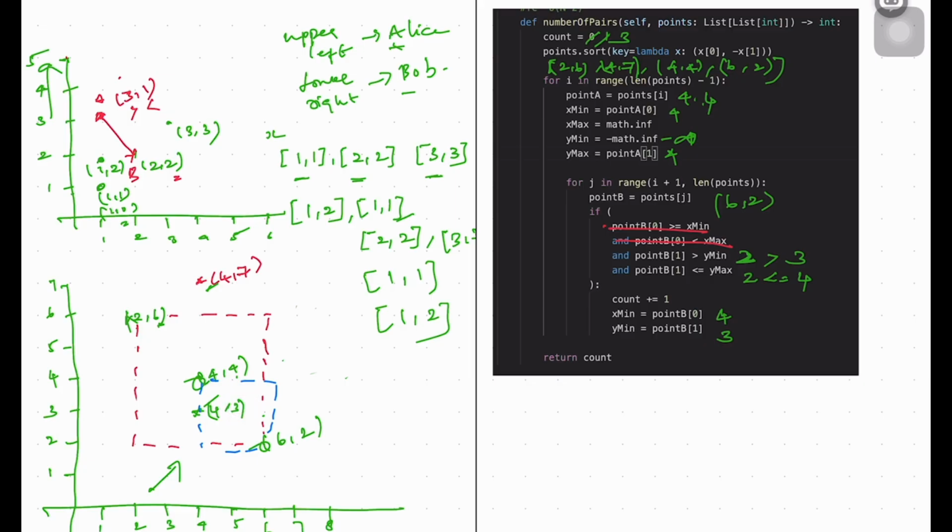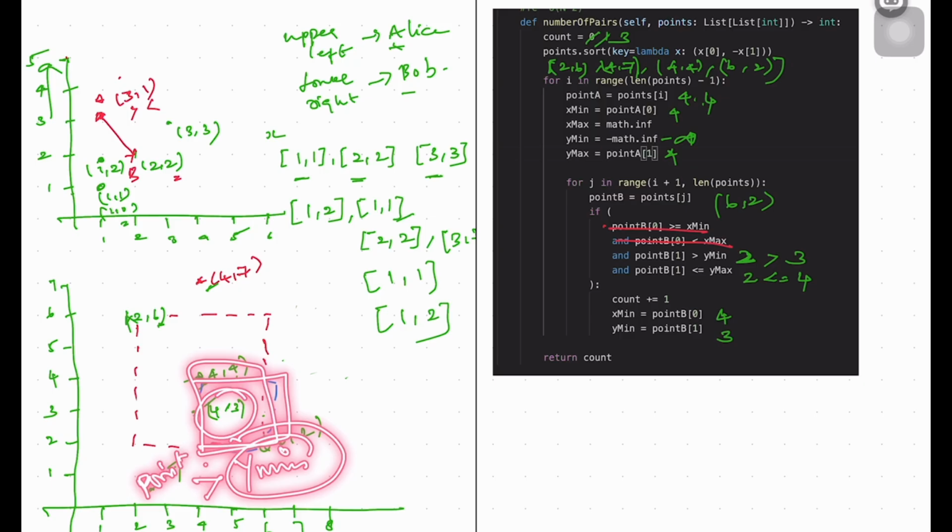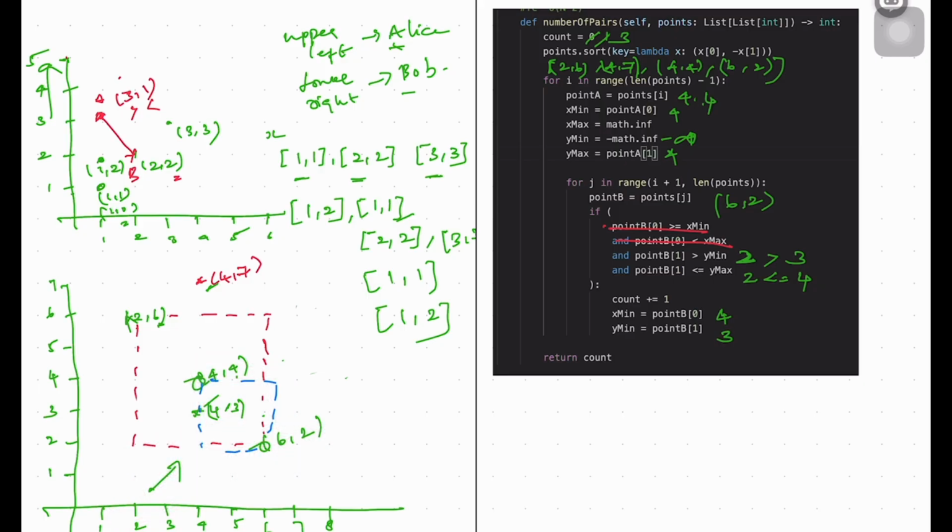So anything that comes, 4 comma 2 or 5 comma 2, would have got updated our y min already. Whatever comes in this will have a y min which is greater than point B.